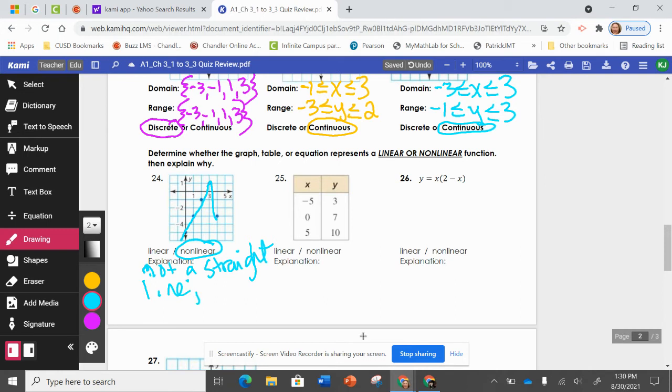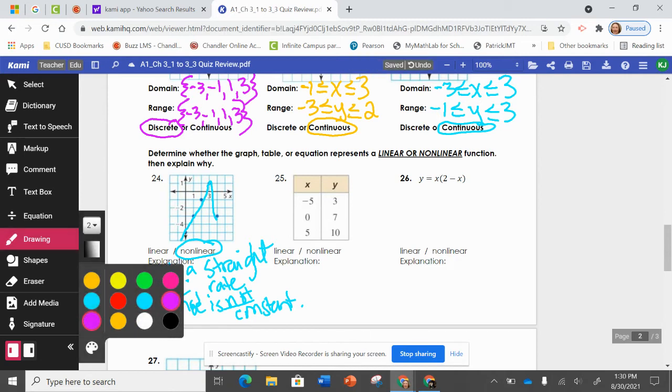Or because this dot over here, the change from our dot at 3, 1 to 4, 3 has a different rate of change. So rate of change is not constant. Either one of those would work.